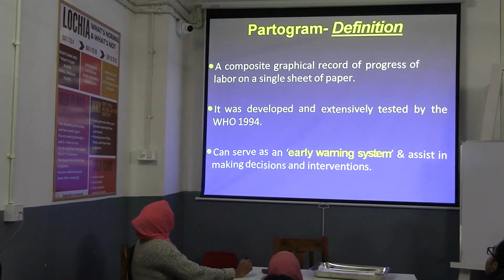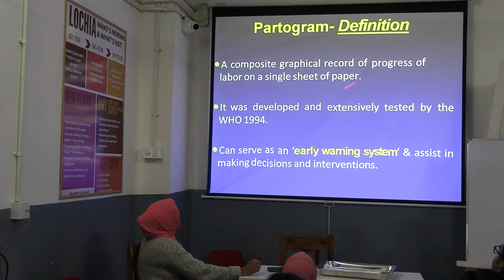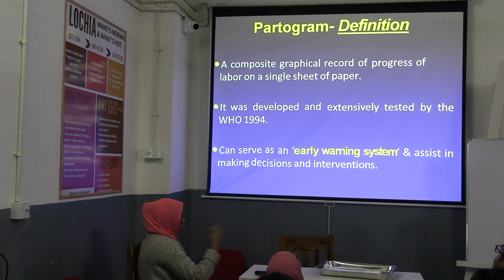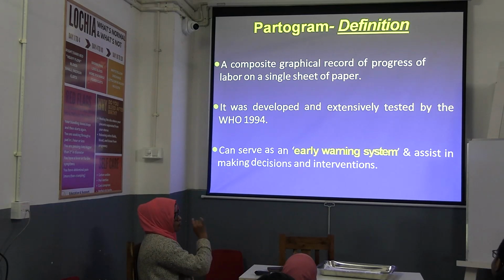What is partograph? It is a composite graphical record of progress of labor on a single sheet of paper. If we plot it like in one page, you are writing how much dilatation is there, how is the effacement, then in the second page you are writing the fetal condition, in the third page you are writing the maternal BP, pulse, so that you can't assess the condition at one glance.